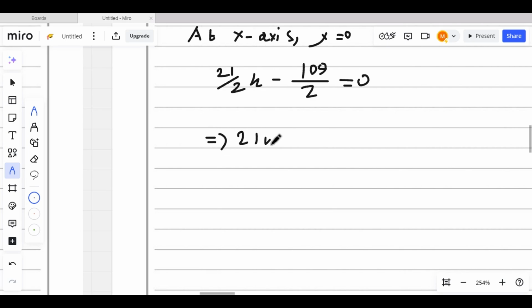So we'll get 21x equals 109, so x equals 109 over 21. Okay, so this is the point where the straight line L is intersecting the x-axis.